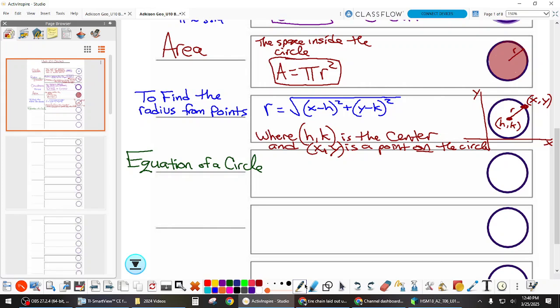Because if I have this circle versus this circle, what's the difference between them? The radius is bigger on the blue one than the purple one. So it's got to have a radius defined, okay? But also, what's the difference between a circle here and a circle here? Let's say they're the same size.